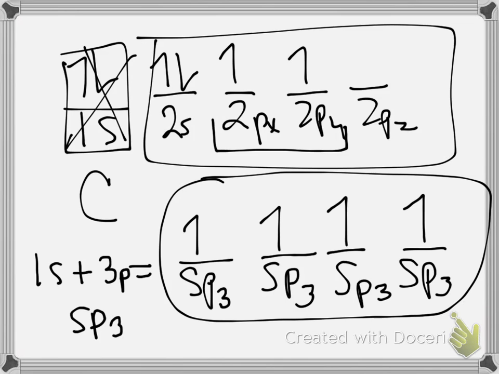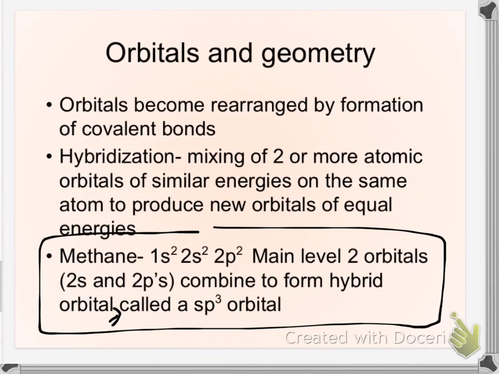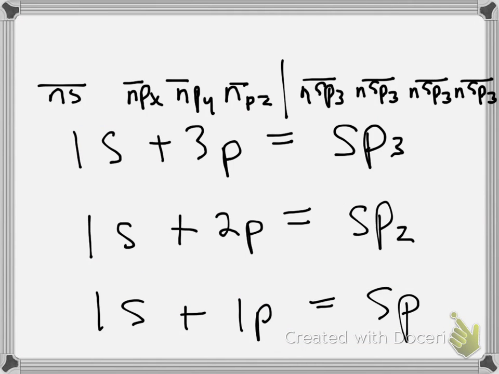So why does carbon form 4 hybrid orbitals? And I just said that some things only form fewer, so how many hybrid orbitals do you get when you get an sp3? 4, yeah, because you get the same number of orbitals out that you put in.